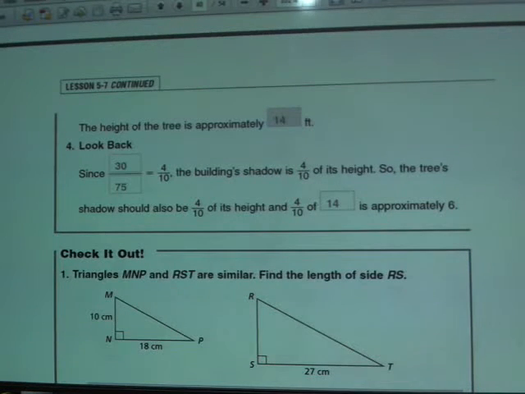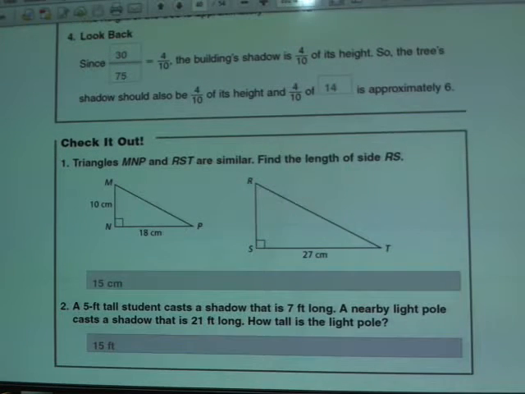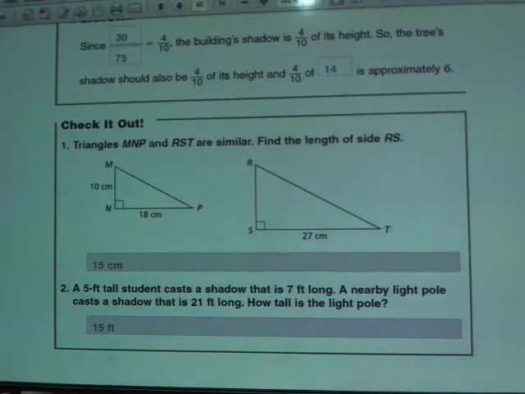All right, let's go ahead and take a look at the check it out examples here and conclude this presentation. They're saying that triangle MNP and RST are similar, and we're supposed to find the length of side RS. So if MNP and RST are similar, and notice they're oriented in the same way, that means the scale factor that relates these has to be the same.